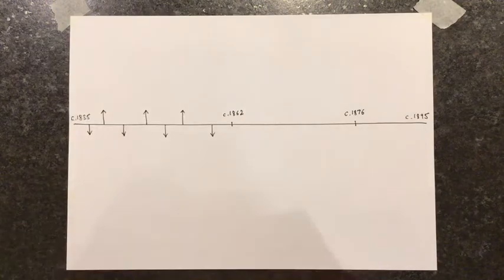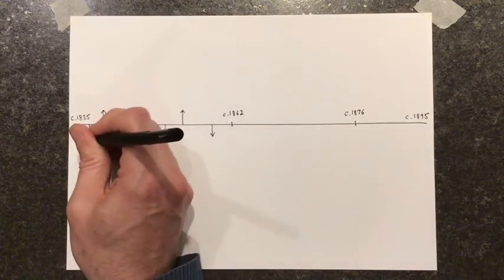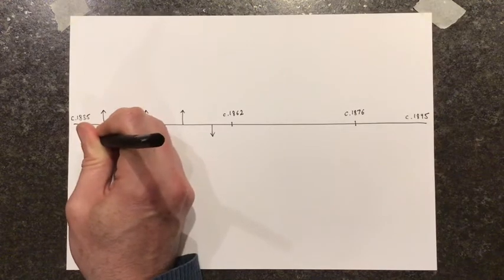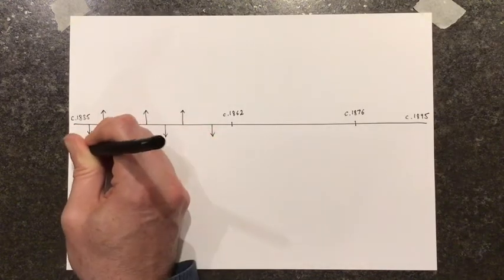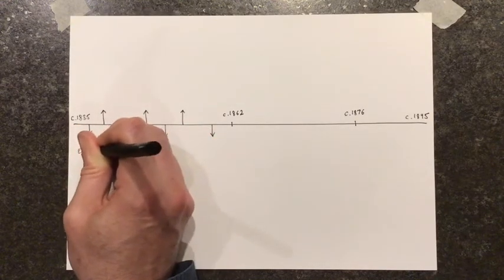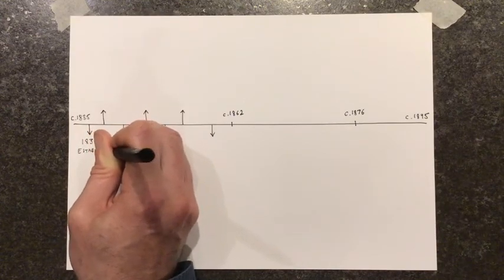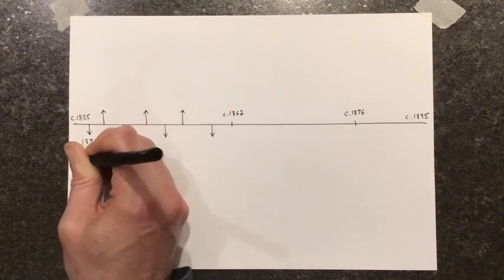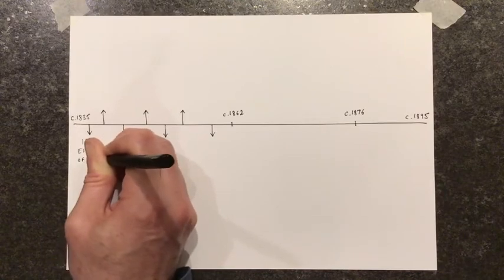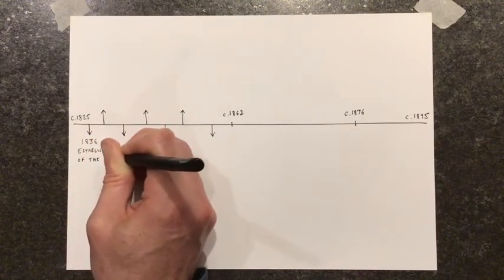Okay, so if we go back to the timeline, you can see I've got my 7 arrows in. So what we would do is start to write those events in. I'll do a couple for you, and then when we zoom ahead, they'll all be on there. So the first one, 1836, that is the establishment of the Oregon Trail.